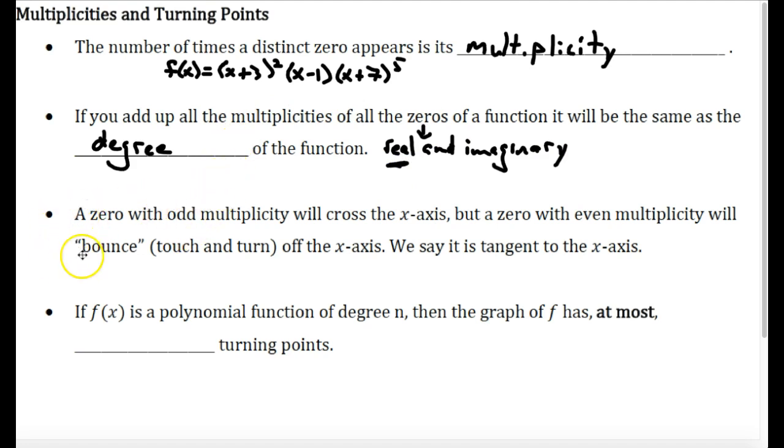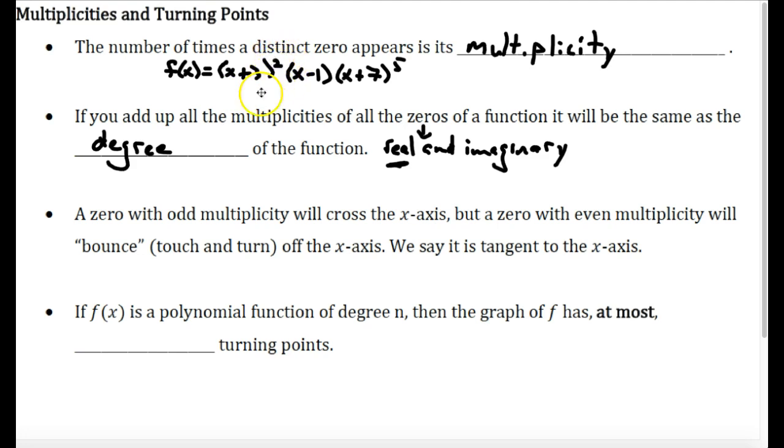Now, this one is key when we look at a graph of a function. A zero with an odd multiplicity will cross the x-axis, but a zero with an even multiplicity will just touch the x-axis. So for example, up here, this x plus 3, so my zero of -3, has an even multiplicity.